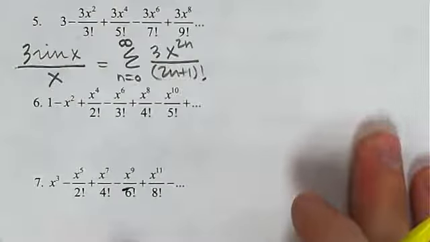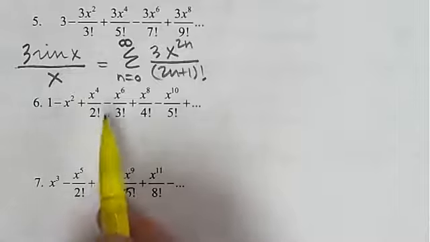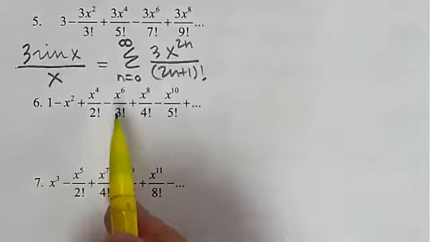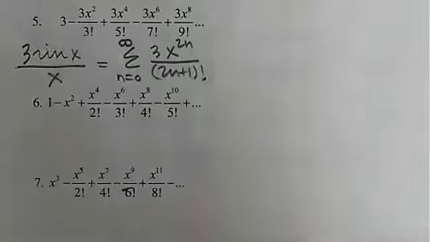Okay. 1 minus x squared plus x to the 4 over 2 factorial minus x to the 6 over 3 factorial. Okay, this one, because it's alternating and it's got all of them.